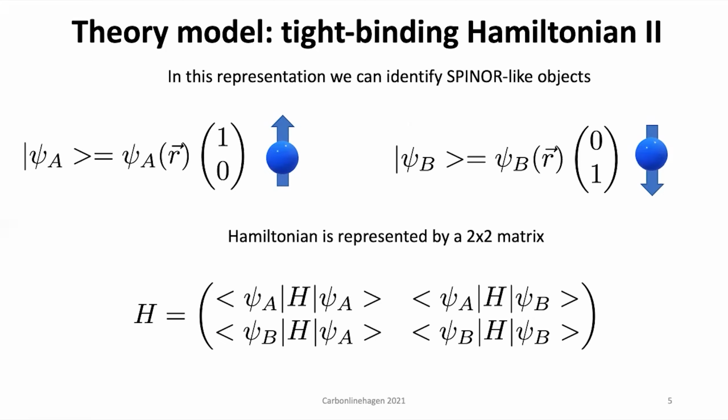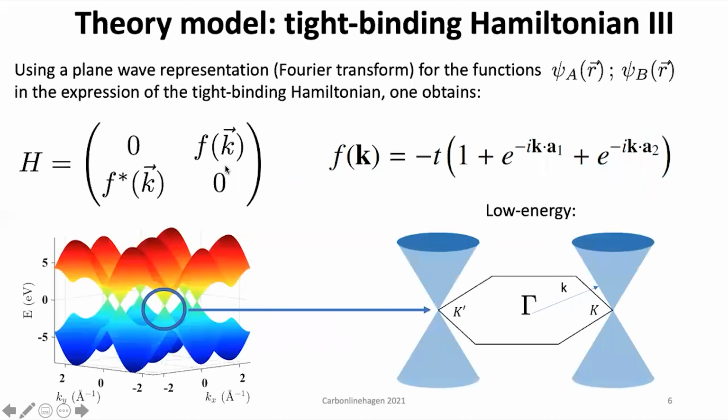Now, using this representation, the tight-binding Hamiltonian will have the form of a 2-by-2 matrix, in which each matrix element can be obtained by sandwiching, or by taking the mean value of this Hamiltonian with respect to these new vector quantities, spinor quantities. Now, we do that.